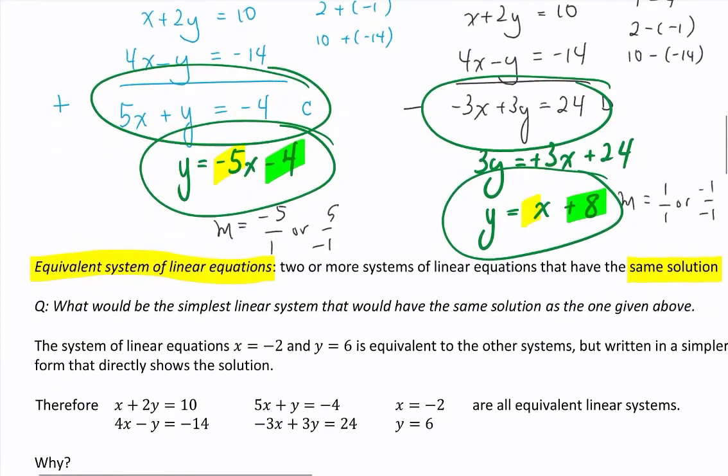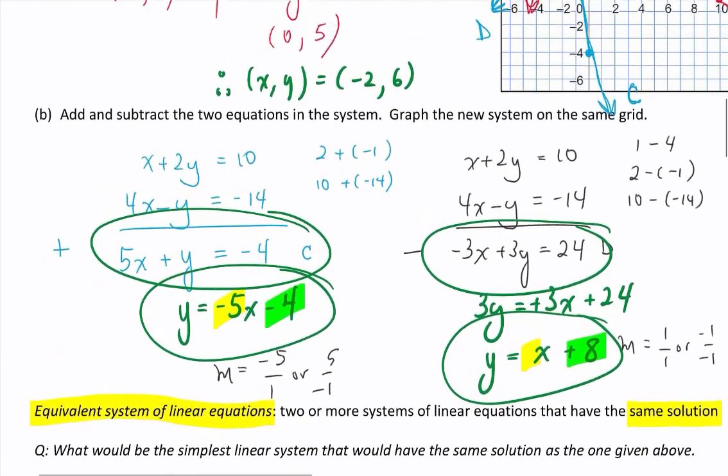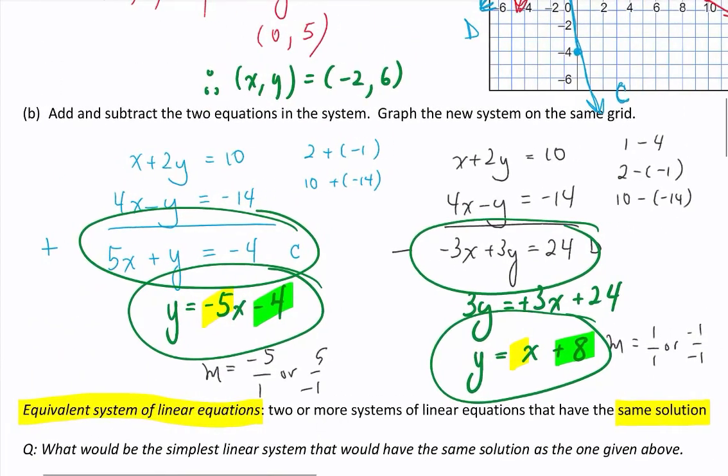So that's why they're called equivalent. They have the same point of intersection.